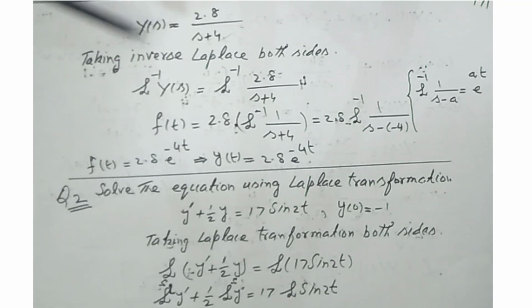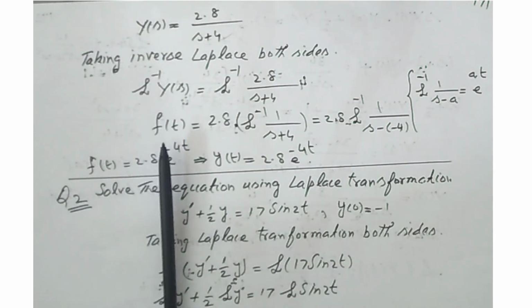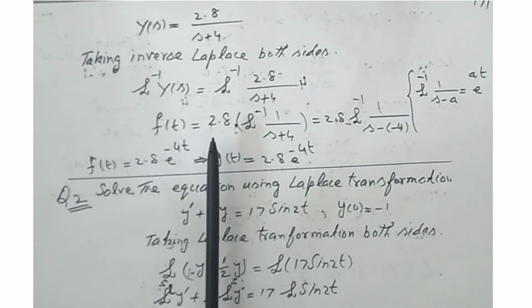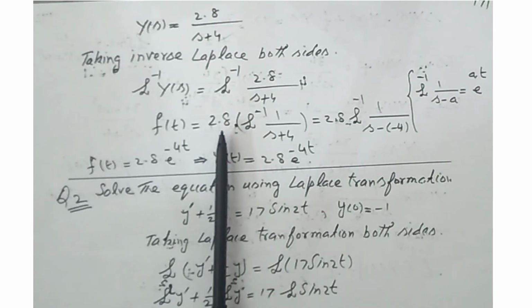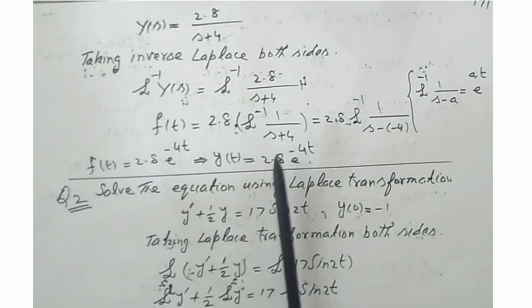This becomes Laplace inverse of Y(s), and this is Laplace inverse of 2.8 over (s + 4). Now you know Laplace inverse of Y(s) is equal to f(t). And this is a constant term, we take it outside the Laplace inverse function. So this becomes 2.8 Laplace inverse of 1 over (s + 4). Now using this formula, Laplace inverse of 1 over (s - a) equals e^(at).